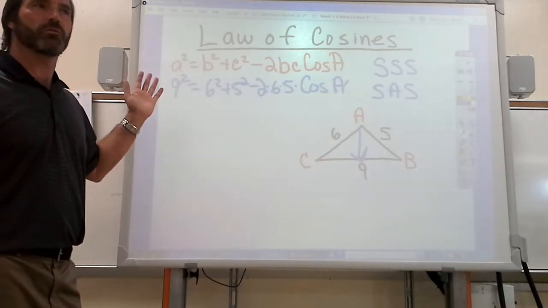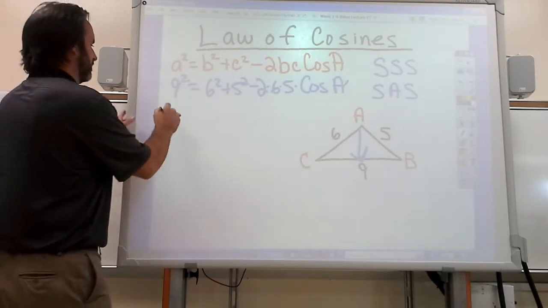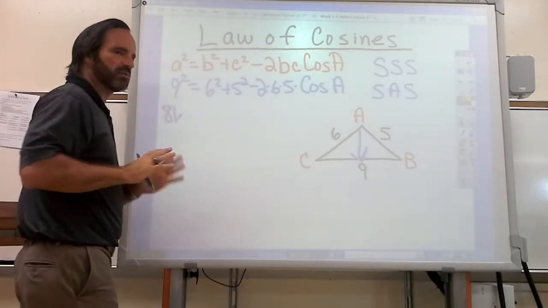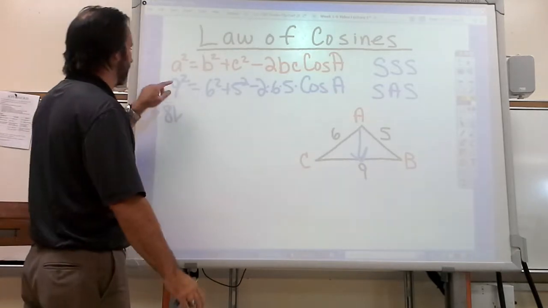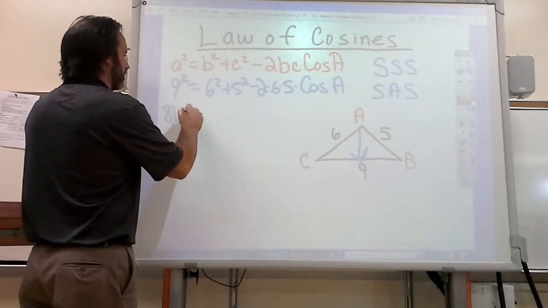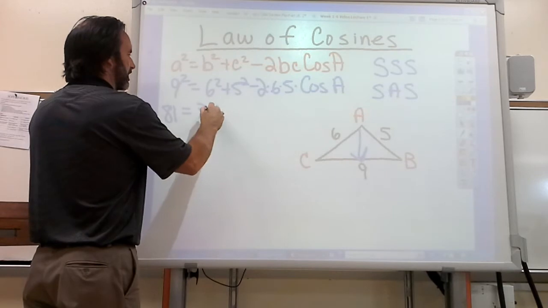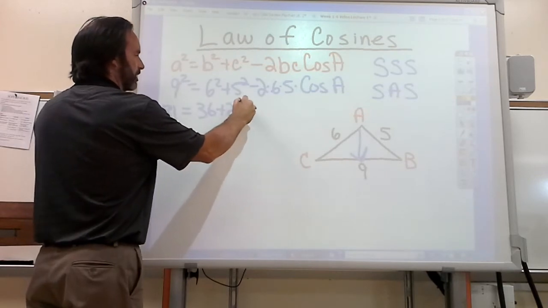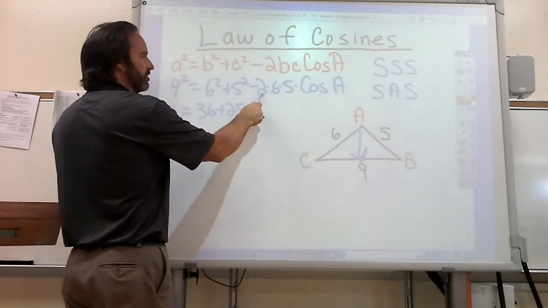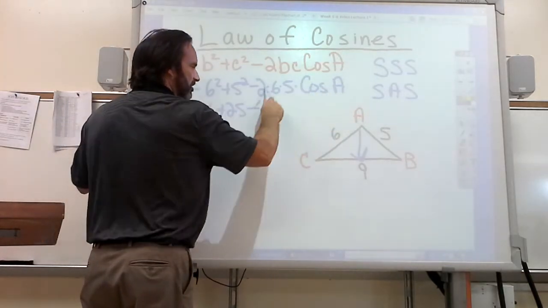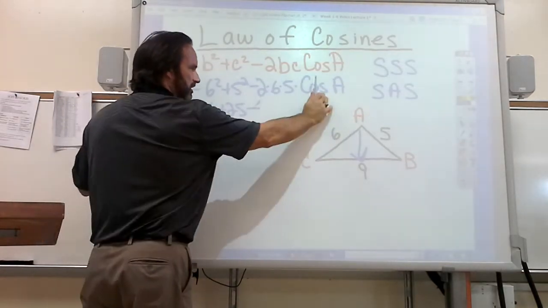All you have to do is, let's just simplify. I'm going to make this the same for everybody. No different techniques. Let's just do it all the same. 9 squared is 81. 6 squared is 36 plus 5 squared, which is 25. Okay, minus 2 times 6. These are all factors of multiplication. Okay, let's knock this part here out.